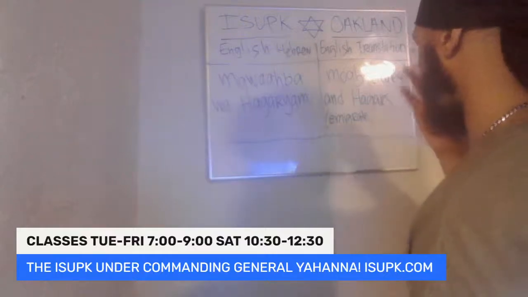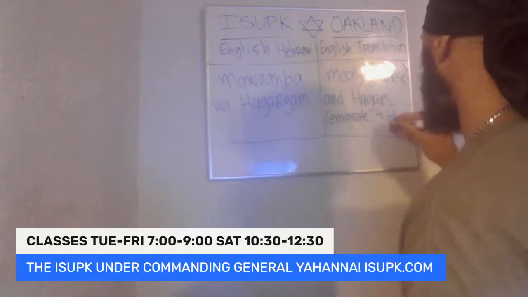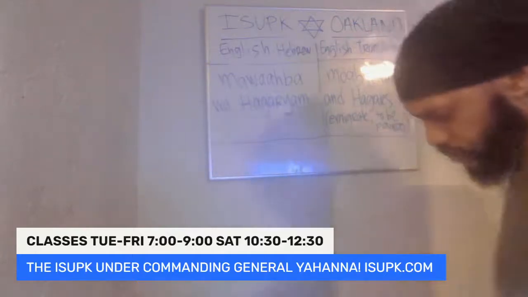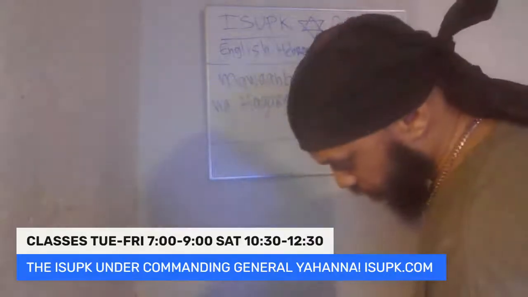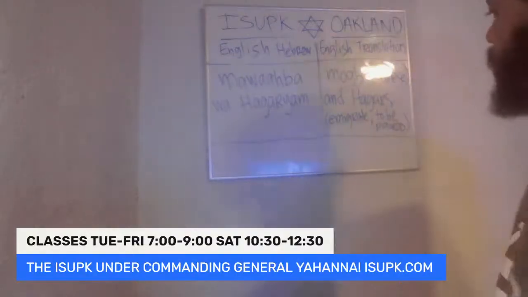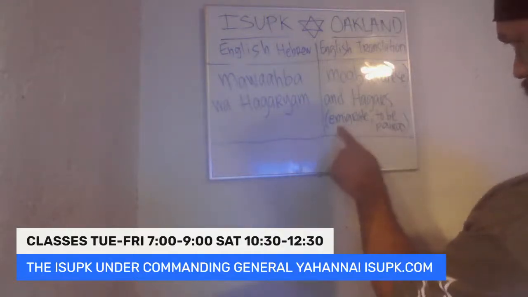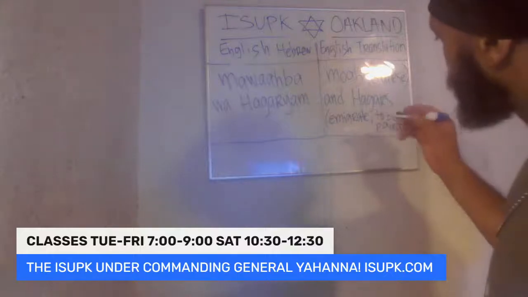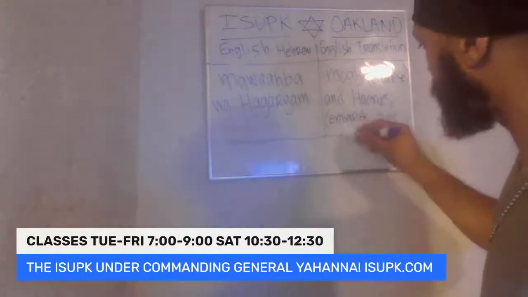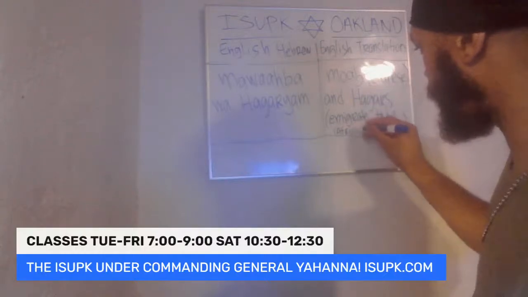I'm pretty sure immigrant is more like somebody that migrates. And these are your Africans. All right. It's a sect of Africans.